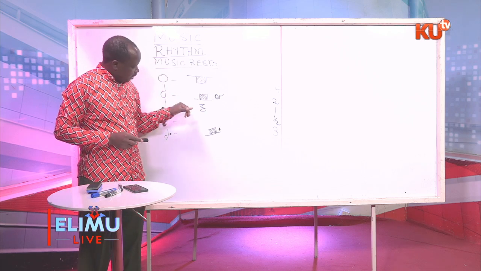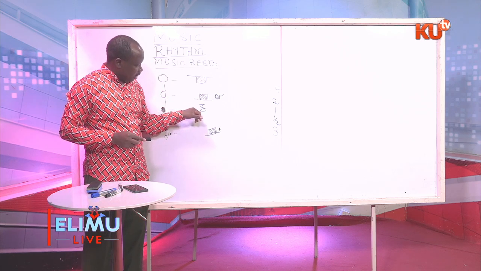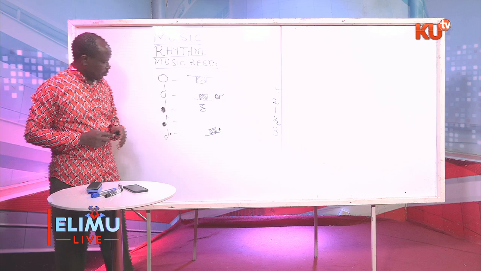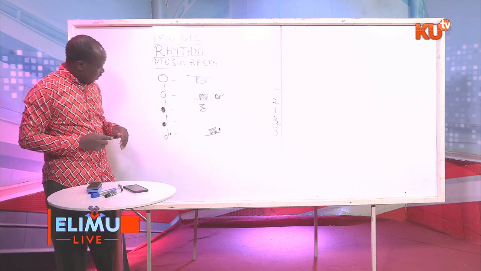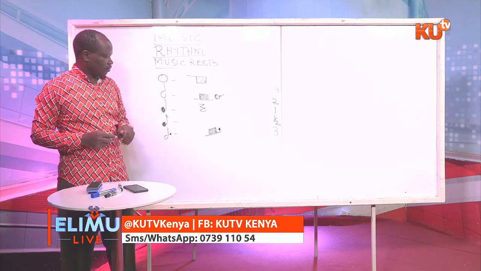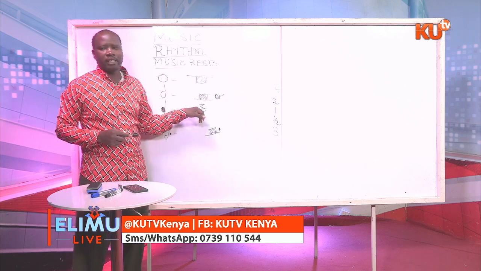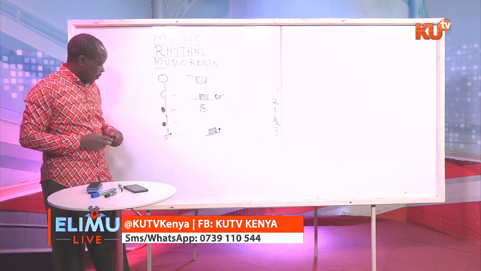That is the rest that represents our crotchet. Then we have the rest that represents our quaver.